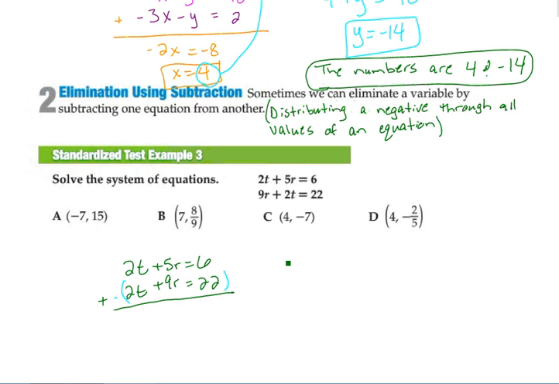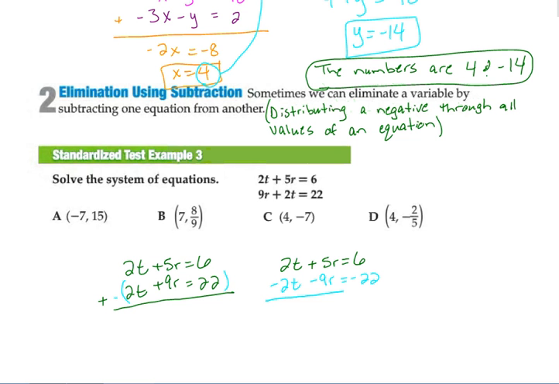So I'm going to end up with still the same linear equation on top. Second equation, though, is now a negative 2t minus a 9r equals a negative 22. Remember, I did not change any of the values of that because I kept everything balanced.